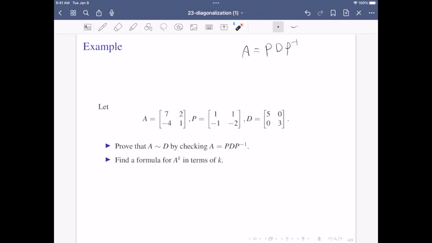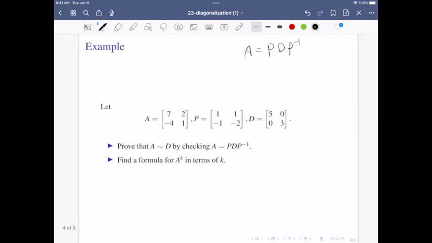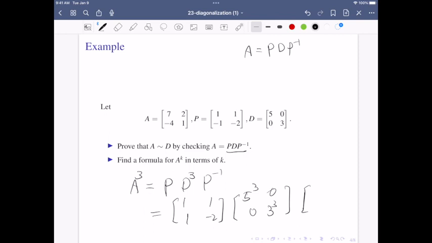And the advantage of this diagonalization is, suppose you are interested in A to the kth power, for example, A to the third power. Directly, you multiply A by itself 3 times to get A to the third power. Instead, with diagonalization, you can do P D to the third power P inverse. In other words, this gives you the diagonal matrix with 5 to the third power, 3 to the third power, 0, 0, and then P inverse.